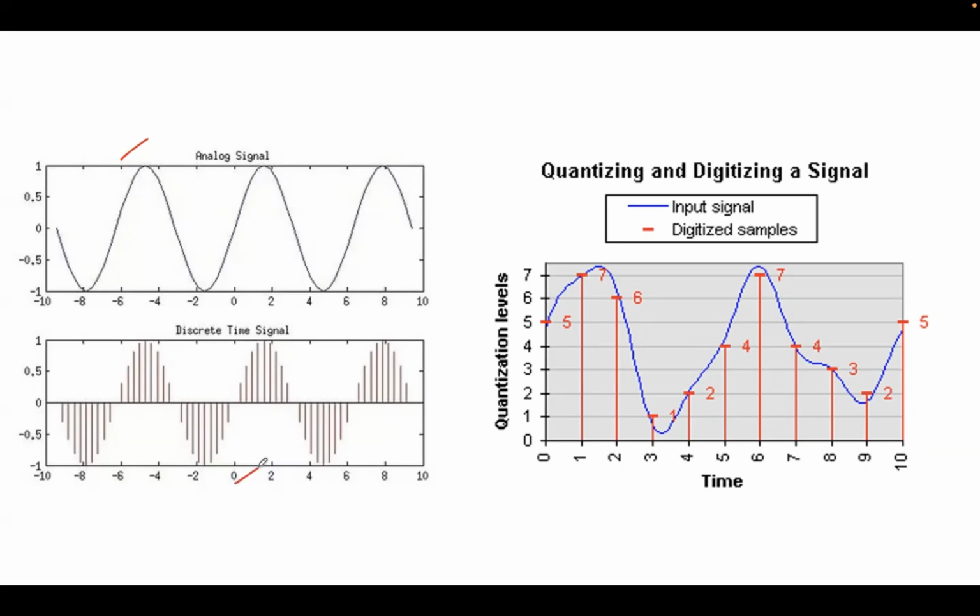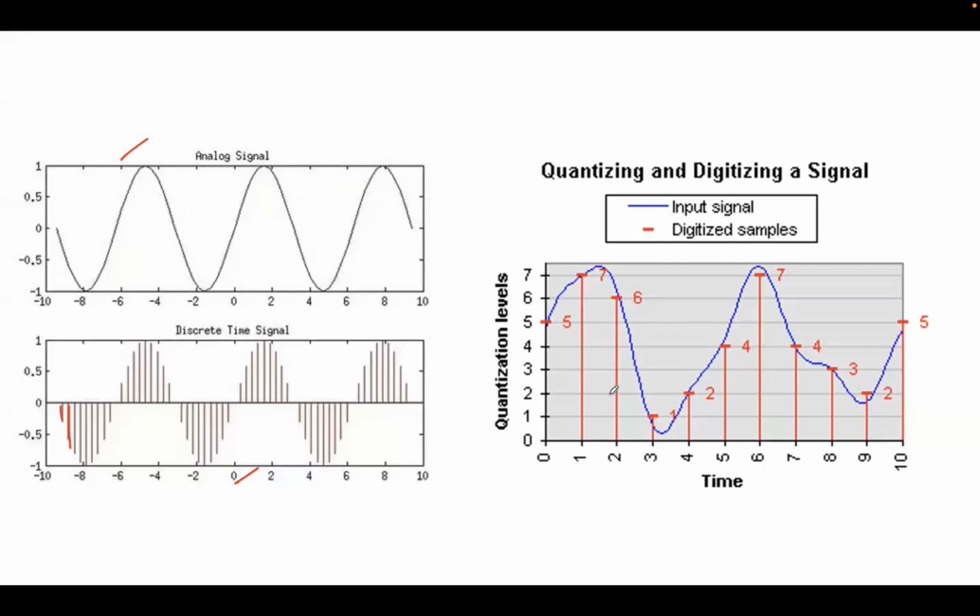Sampling is nothing but measuring the signal's amplitude at fixed intervals of time. So the same curve is represented in the form of fixed time intervals. Instead of a smooth curve, you now have a series of individual points which are called samples. This is still analog in amplitude but discrete in time.